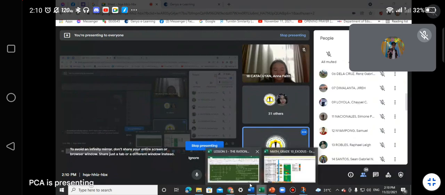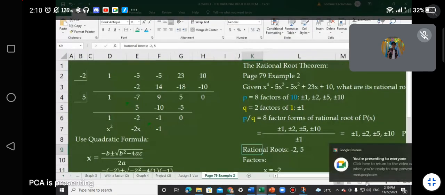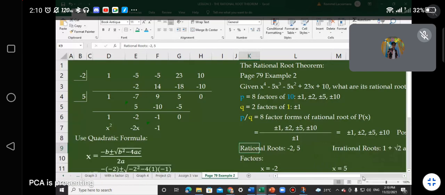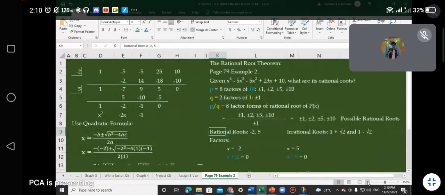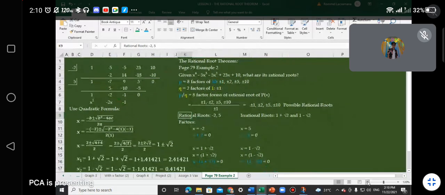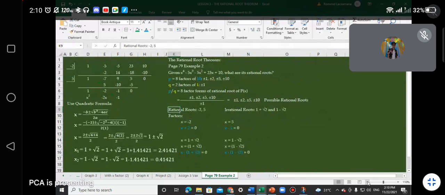Okay, let's go. It could be zoomed out for you. Screenshot this one. Take note of this one. This is the emphasis of today's lesson: 5 and 1, 10 and 1.